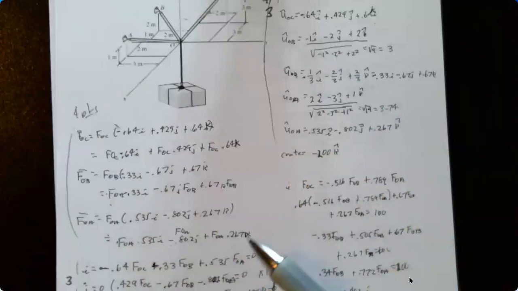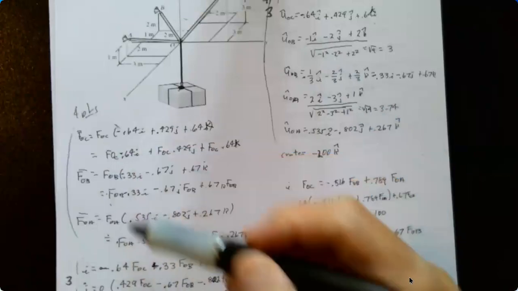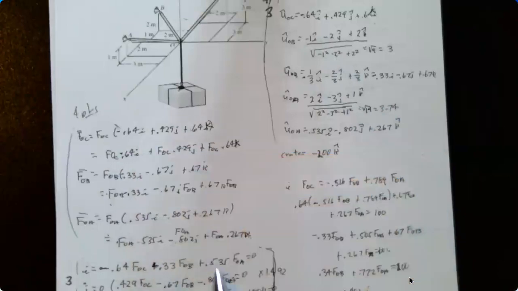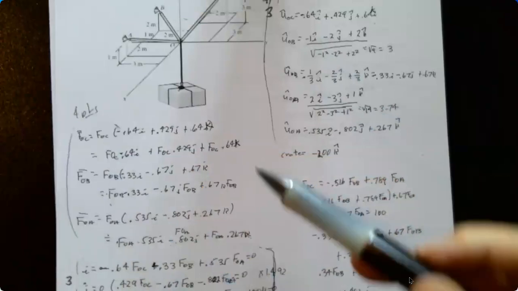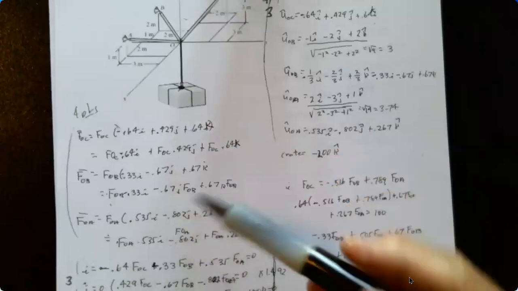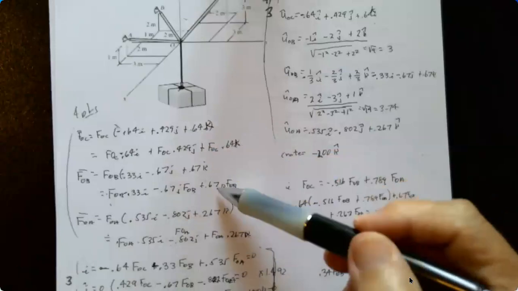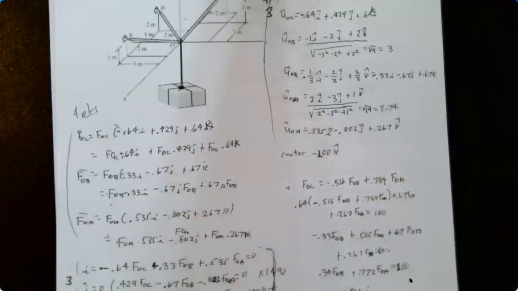And then to get the three equations, you add the I components equal to 0. You add the J components equal to 0, and you add the K components equal to 0.